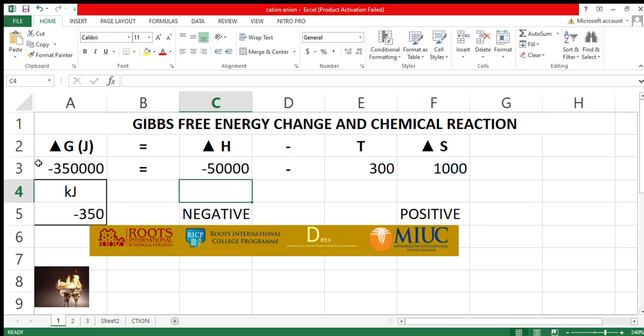So we can see the change in Gibbs free energy is minus 350,000 joule or minus 350 kilojoule. Because this value is negative, the reaction is easily feasible.